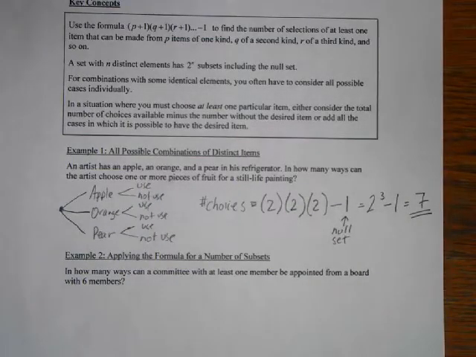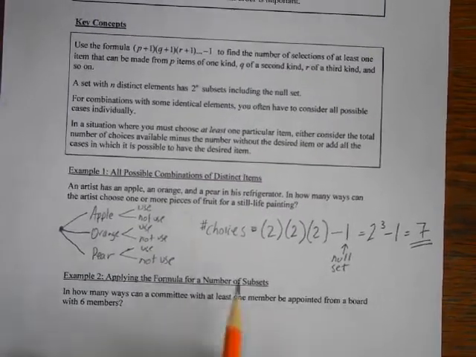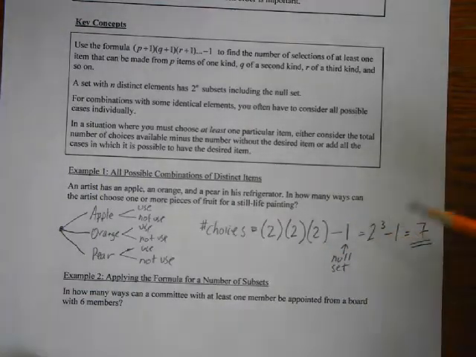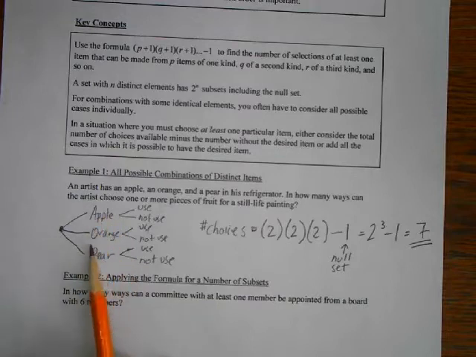Now, the order that the fruit appears in the picture is not important. It's just whether or not it's in the painting or not. Okay. So if we have these unique things and we can either choose them or not choose them, the total number of choices, well, in this case, the number of things we had was 3.